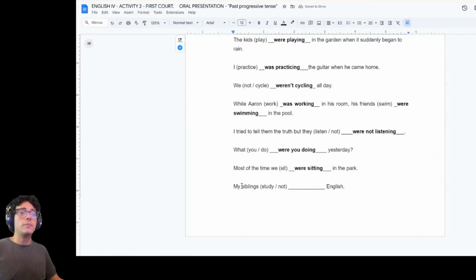And finally, my siblings study not English. Okay, so the verb is study again. This will be a negative sentence, and we must use the past progressive. So my siblings, let's use a contraction again, weren't studying English.